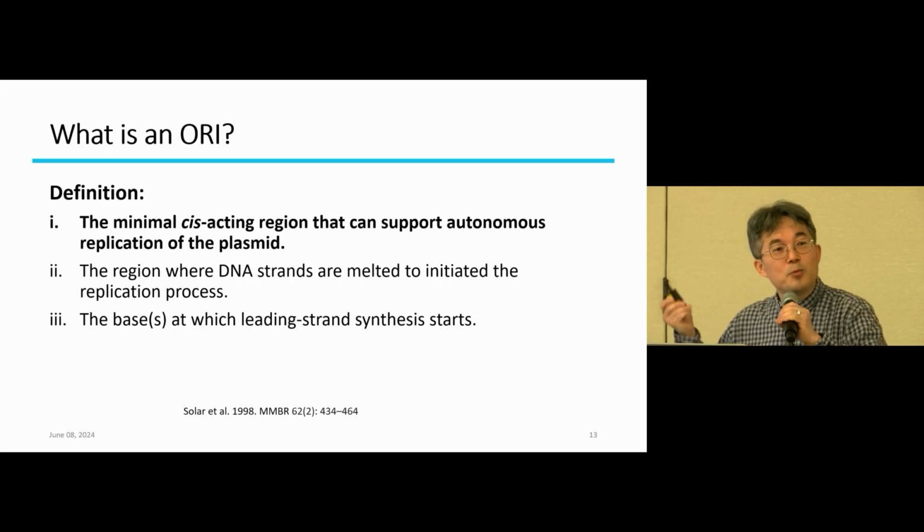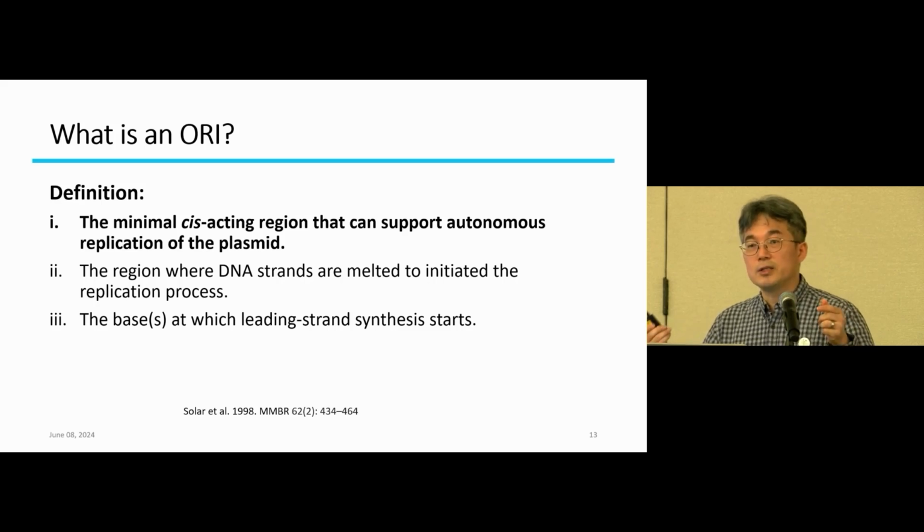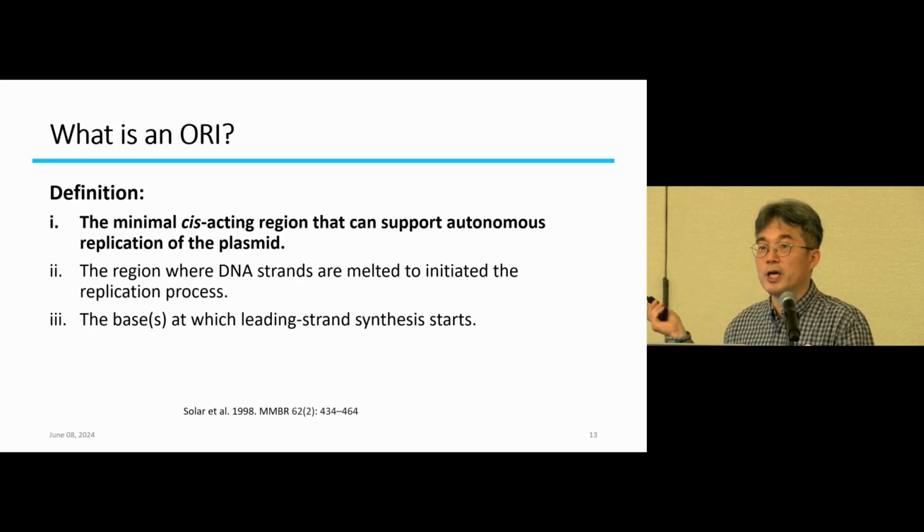So again, I'm repeating this one more time because it's very important. Origin of replication, why am I repeating it? If you're putting two plasmids that belong to the same incompatibility group, in other words, if they carry the same origin of replication, we call it not compatible.